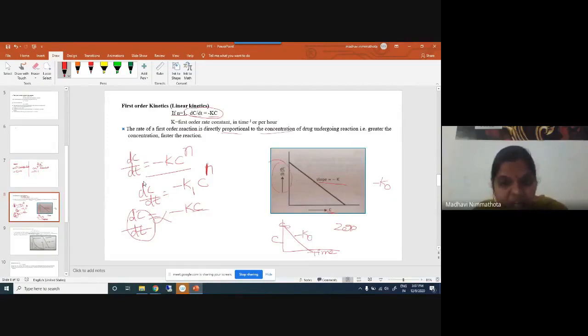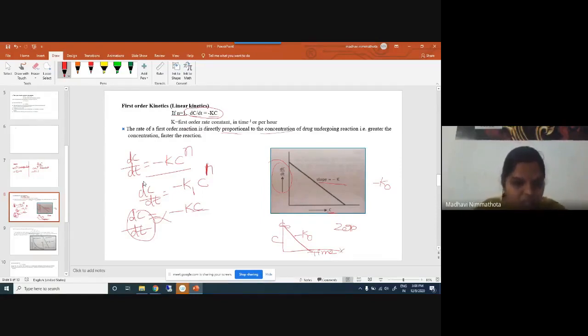Because first order kinetics is totally dependent upon the drug concentration. That's why you plot a graph between the concentration of the drug instead of time. Did you notice this? Here it will be a straight line, and here also a straight line. The only difference is concentration on the axis in first order, and time on the x-axis in zero order. If you notice such points, it is very easy to remember.